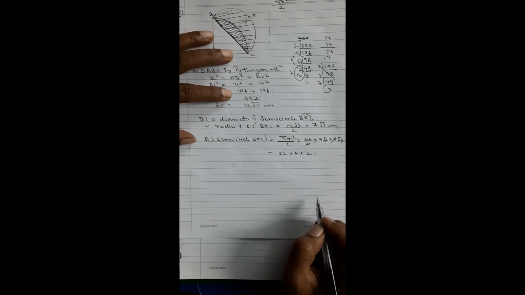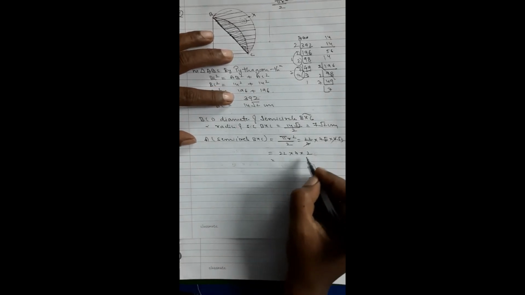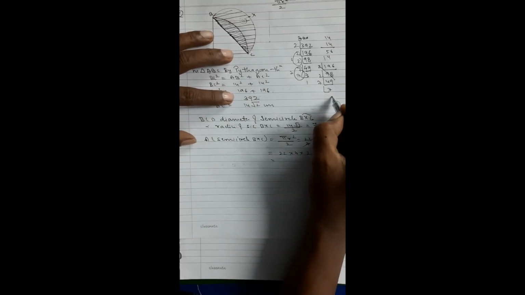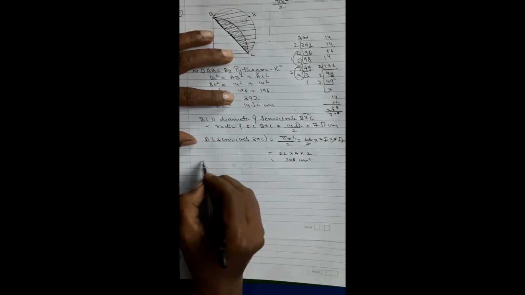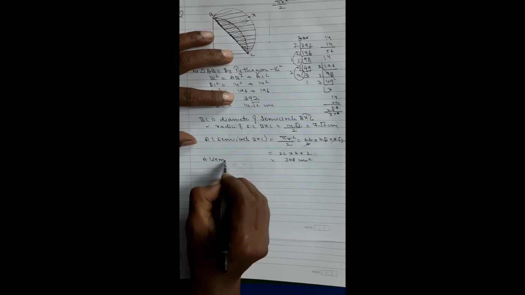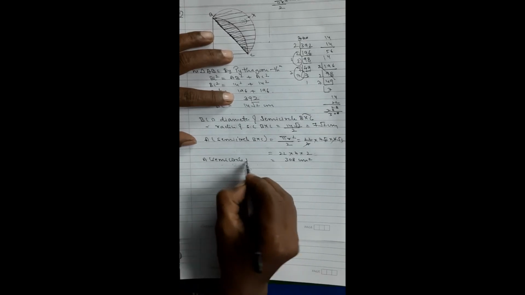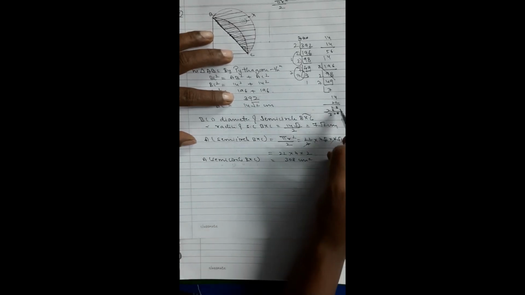Fine. This will be the area of semicircle. 7 2s are 14, so 14 into 22 is 308. 308 centimeter square is basically the area of semicircle BXC.